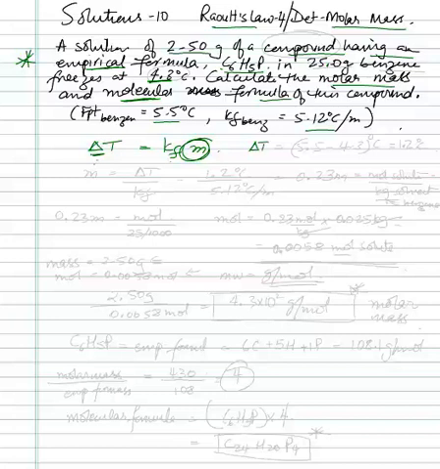So delta T is going to be 5.5 minus 4.3 degrees Celsius, which is about 1.2 degrees Celsius. And so molality is equal to delta T divided by Kf, which is 1.2 divided by 5.12 degrees Celsius per molal, and so we get 0.23 molal solution.